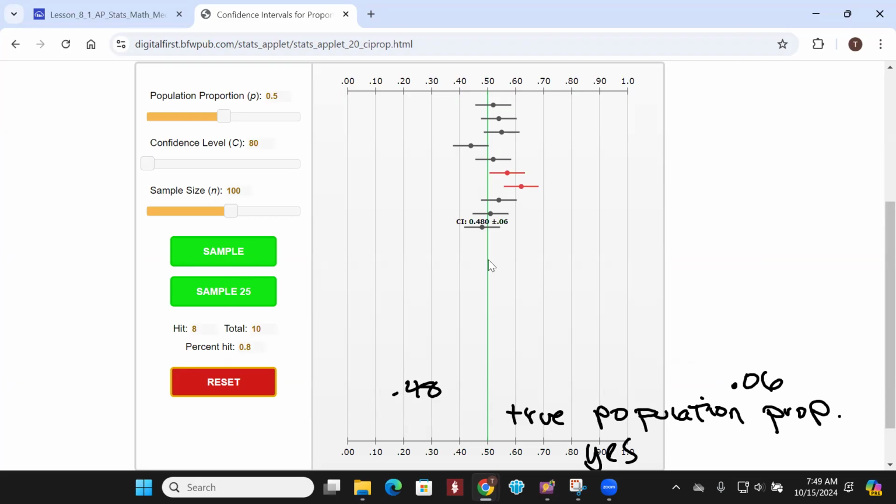So for instance, on mine, 1, 2, 3, 4, 5, 6, 7. So mine would be 7 out of 10. Yours might be a little different. Okay, go ahead and take a moment to sketch that on your paper. You are counting up how many times it hits that green line.